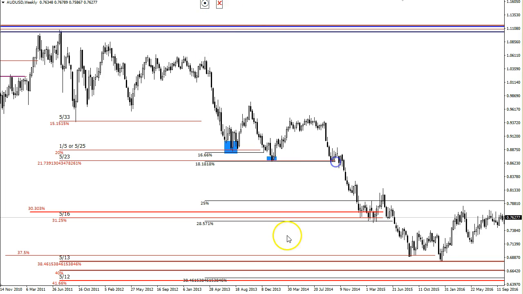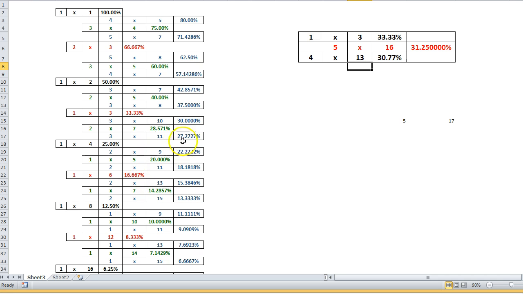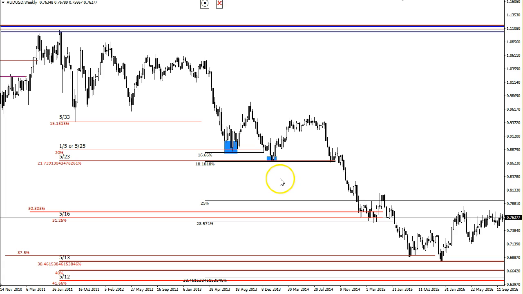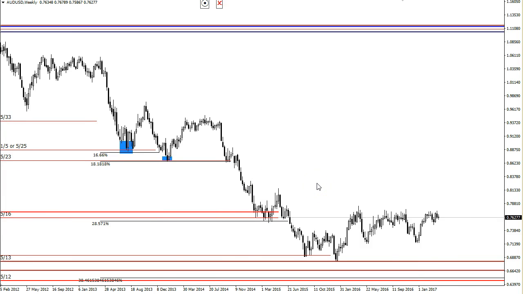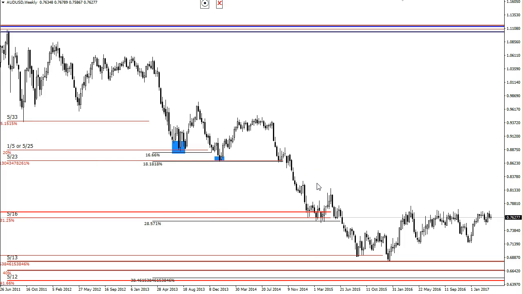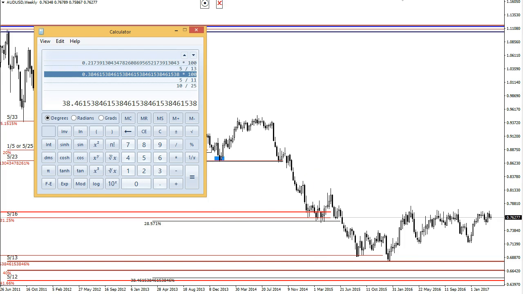Yes, it is. You can see here the 16.66 and the 20%, halfway is 18.181818. 20% nothing here. Okay. 18.1818.